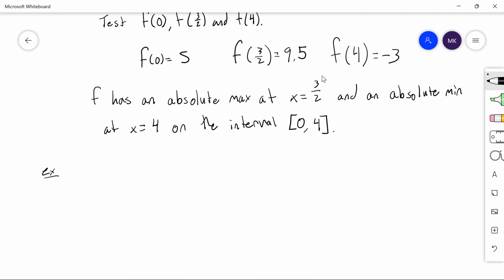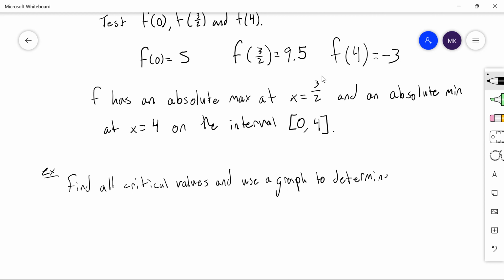Okay. For this one, find all critical values and use a graph to determine any local max or min, and note any vertical tangents.